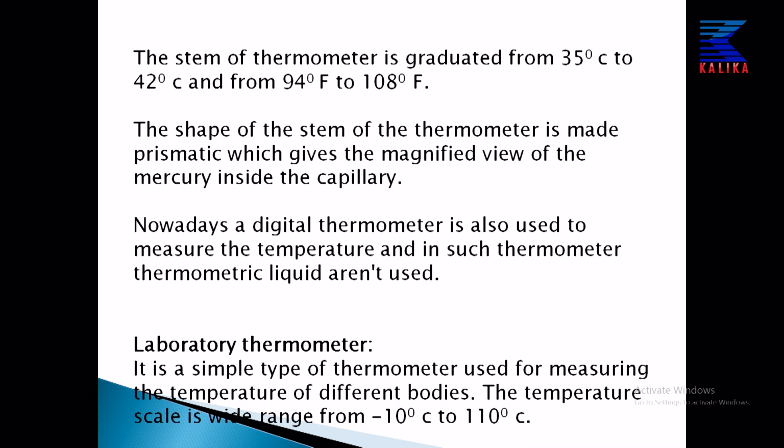Similarly, the stem of the thermometer is graduated from 35 degrees Celsius to 42 degrees Celsius, because there is no need to measure the human body temperature above 42 degrees Celsius, or it may not reach above 42 degrees Celsius. So, it is calibrated, or scaled, only from 35 degrees Celsius to 42 degrees Celsius, and that is 94 degrees Fahrenheit to 108 degrees Fahrenheit.